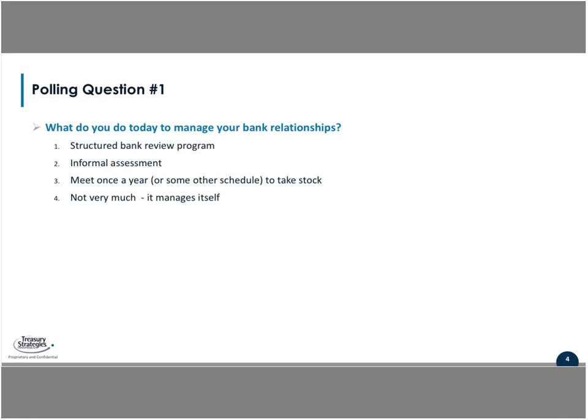So of the group that did answer, about 40% say they're structured. About 15 or 16% say it's informal. Another 22% say they're meeting once a year, and 16% say they don't do very much. So basically, we have a mix of some group who is structured and the rest that don't do much or are very informal about it.